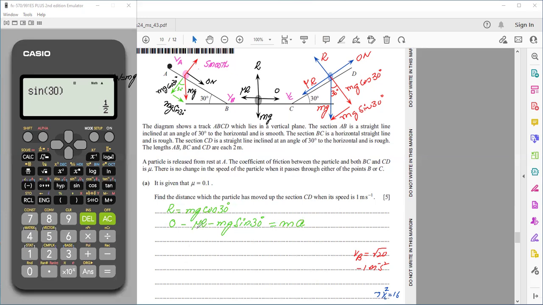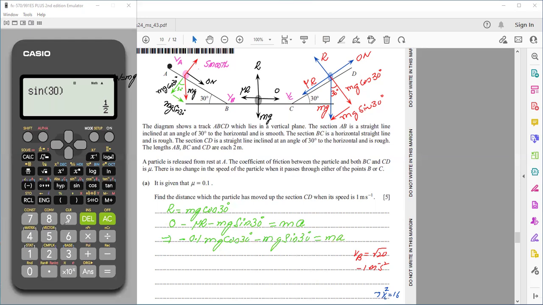Now I have to put in the values of mu as well as R. Mu is already given as 0.1, and R means mg cos 30 degree. So minus 0.1 times mg cos 30 degree minus mg sin 30 degree is equal to m times a.